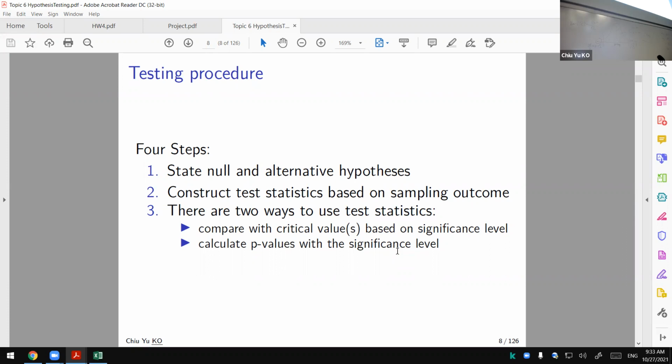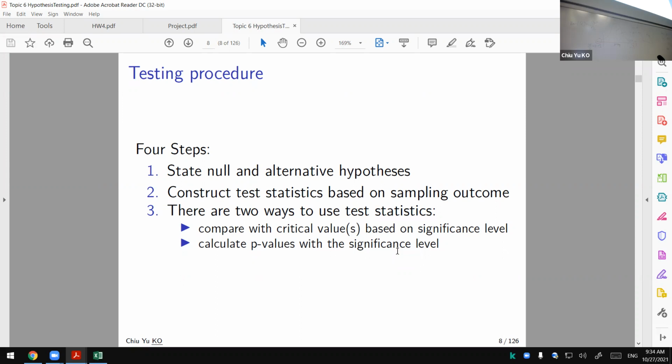So that would be the first way to compare. We compare whether your X bar is above or below these numbers, in this region or this region. Sometimes we call this region the rejection region. I didn't put the name in the slide, but the book would put rejection region.